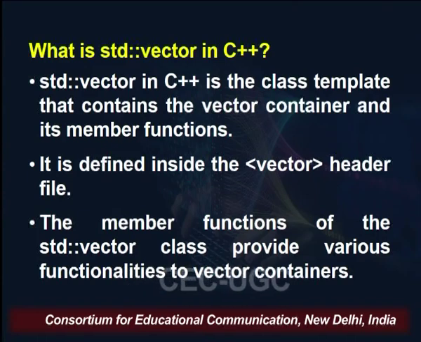Basically vector is contained inside STD as a class template in the form of a container, and within that container it also has its member functions. It is defined inside the vector header file, and there are various member functions of this std::vector class which provide functionality to vector containers. Now what kind of functionality am I talking about?